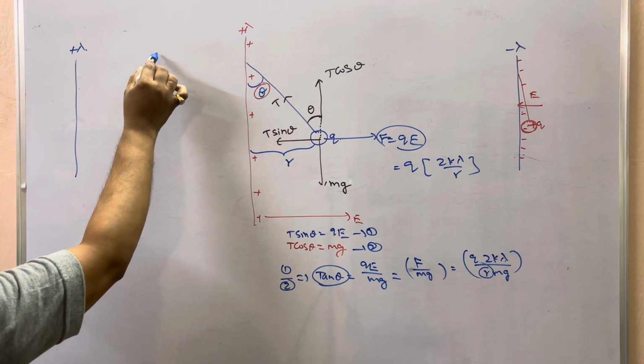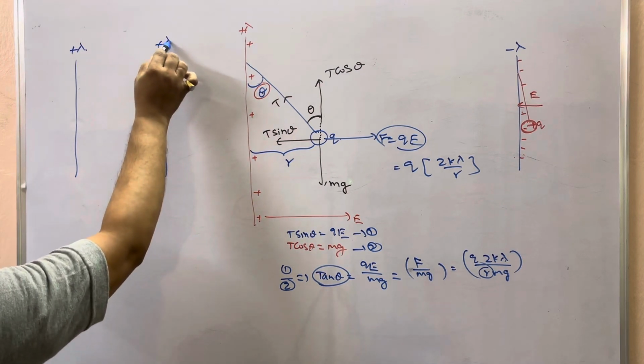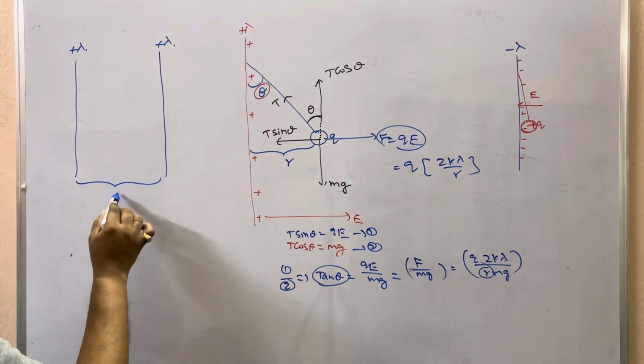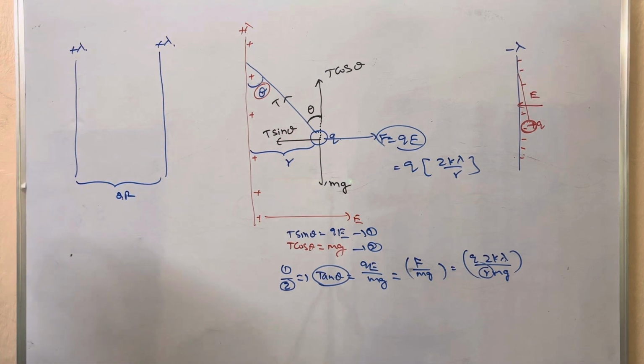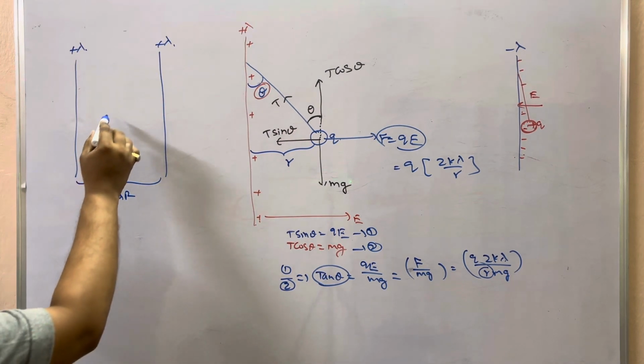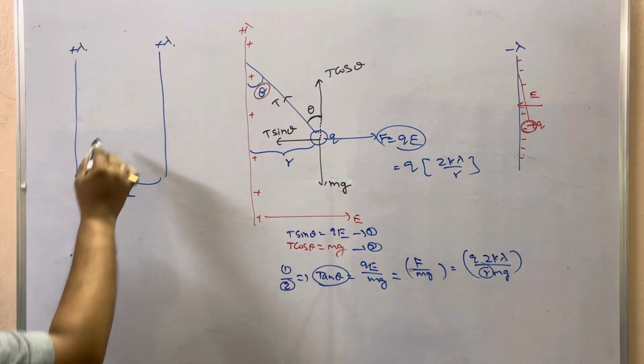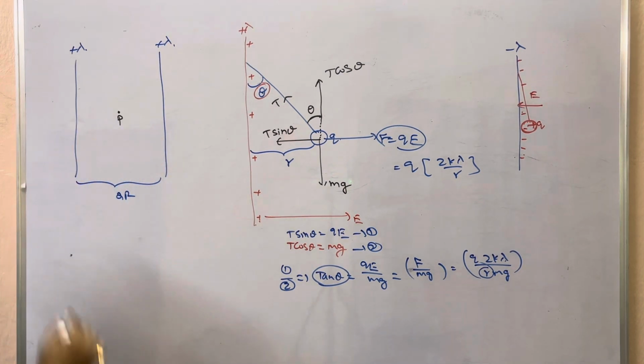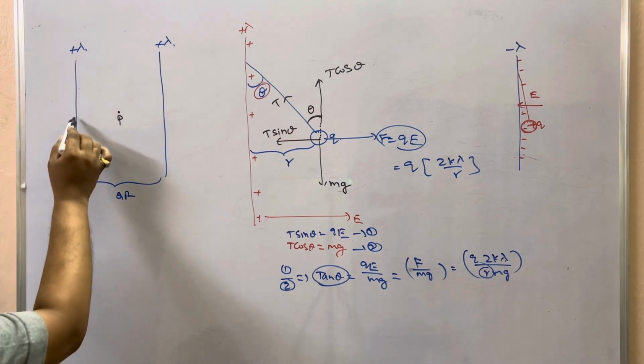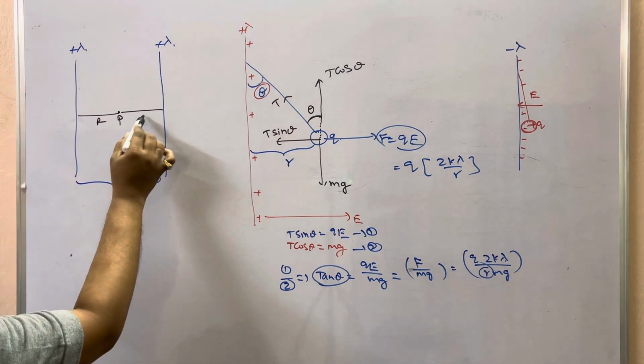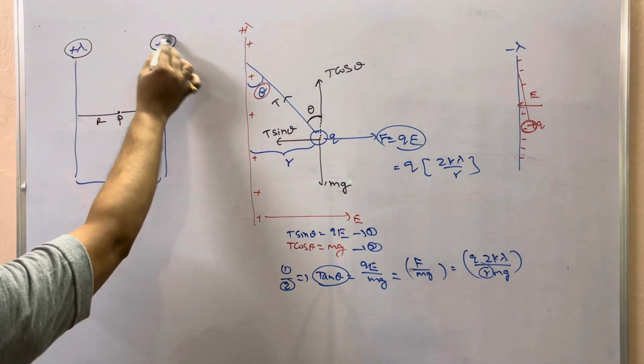Sometimes they will give two wires. This is plus lambda, this is also plus lambda. Both are separated by 2r or capital R, as they wish. Now, what is the electric field intensity exactly at the center of these two wires? Center means this point is R, this point is also R. Both are positively charged wires.